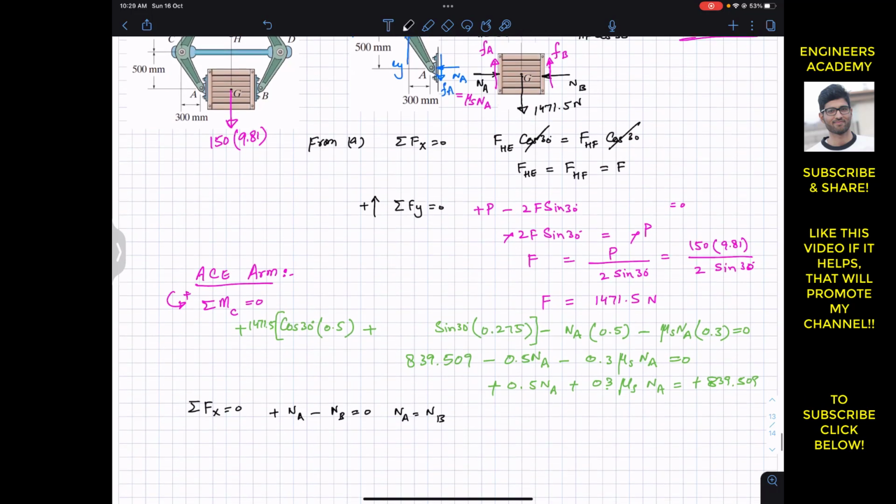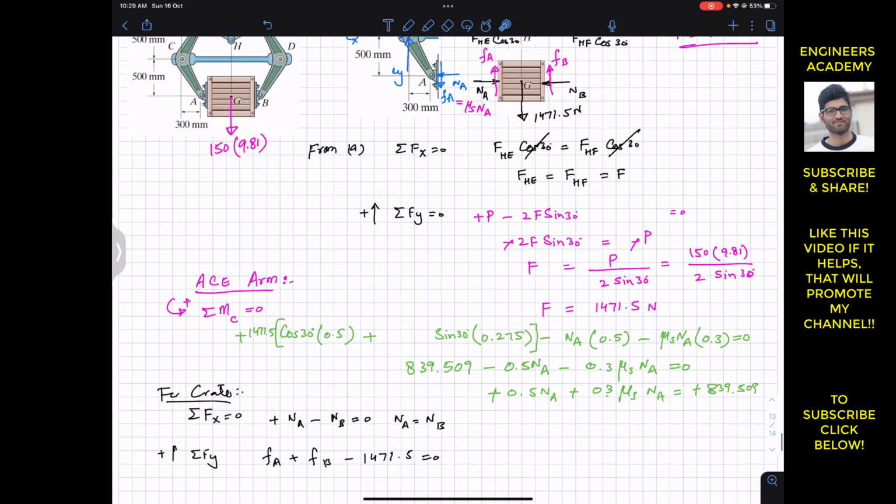Now if we apply the summation of forces along Y for the crate, this is our positive Y direction, so we have FA plus FB minus the weight, which is 1471.5, equal to 0. And if NA is equal to NB, then FA is equal to FB, since the coefficient of static friction is also equal on both sides.